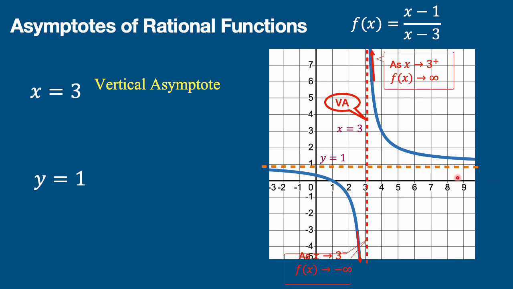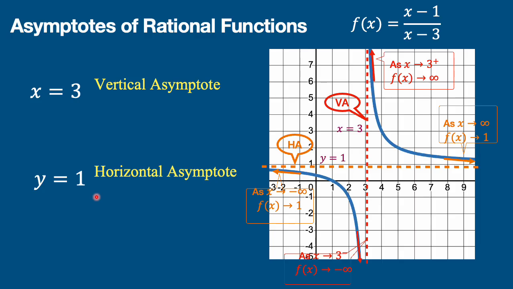Look at the end behavior here. As x goes to infinity, the graph gets close to y equals 1. On the left side, as x goes to negative infinity, f of x goes to 1. So this line is the horizontal asymptote, y equals 1.